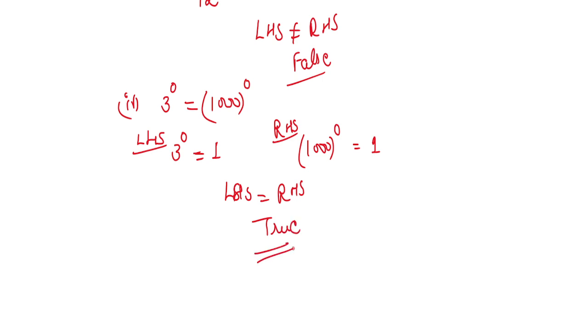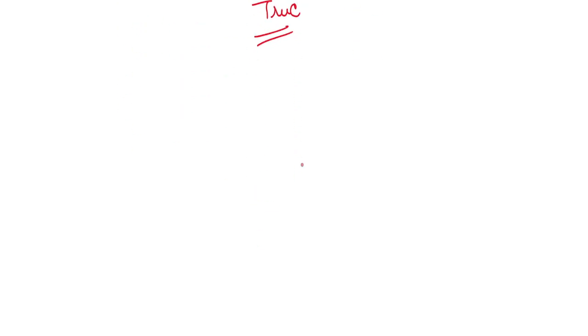Okay. Now the fourth question. So what is in the fourth question? You have to express each of the following as a product of prime factors only in exponential form. It means you have to take only the prime numbers, and the prime numbers in exponential form. Okay.